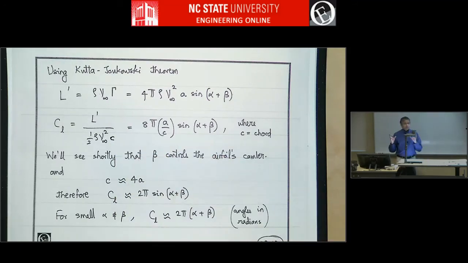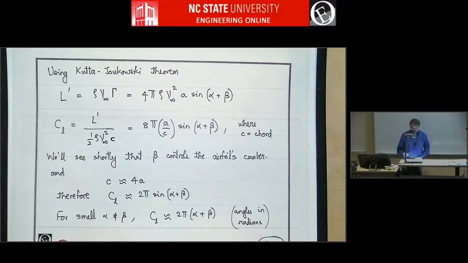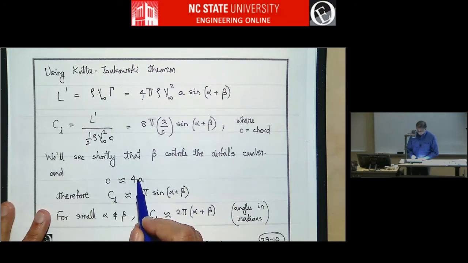So we still haven't seen how the airfoil looks, but before we look at the airfoil, we start to see that this is the lift coefficient. We still don't know what the chord is. We'll see soon that this beta is going to control the airfoil camber, and the chord is going to be approximately 4 times a.